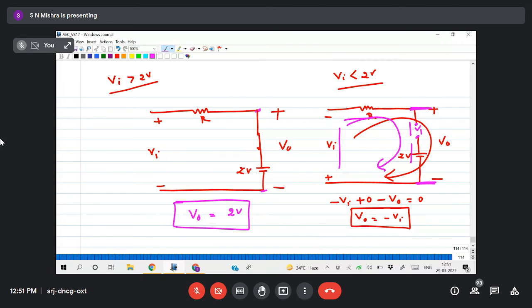So directly I am taking the outer loop, this red one, so that it covers this outer loop, ignoring the inside loop, because a loop can be taken anywhere. If it is closed, then it is a loop. So I am considering it here like this.